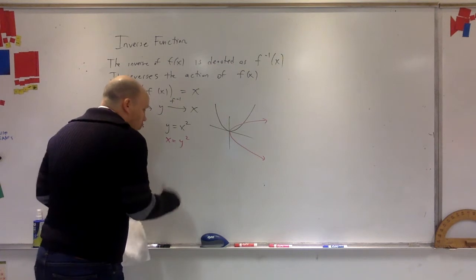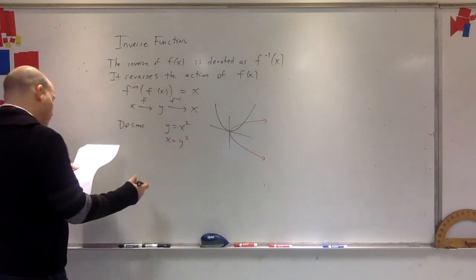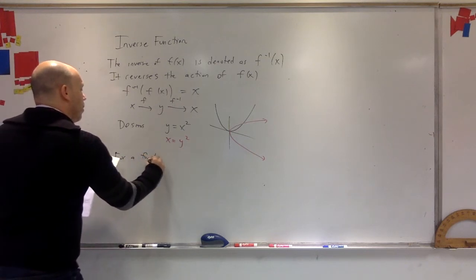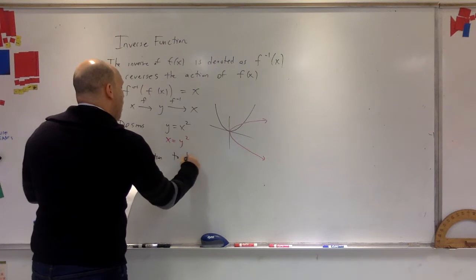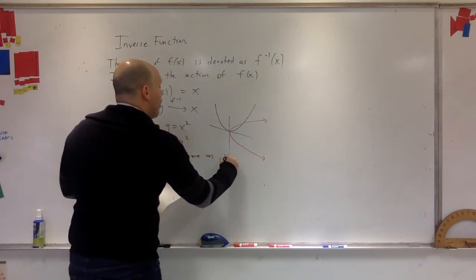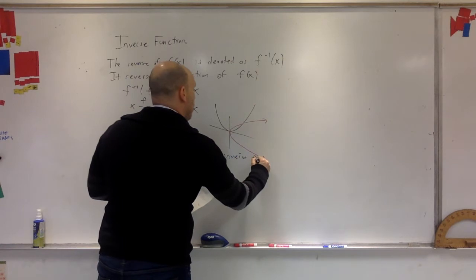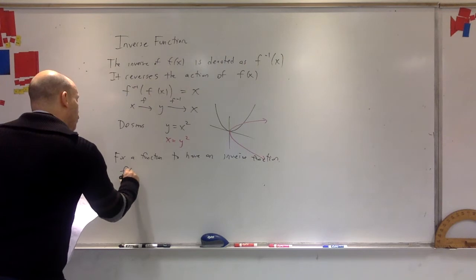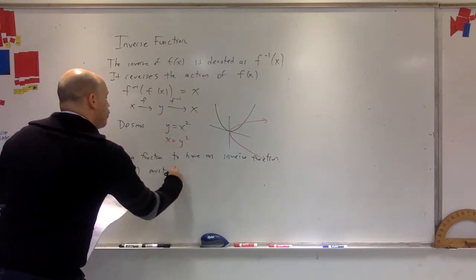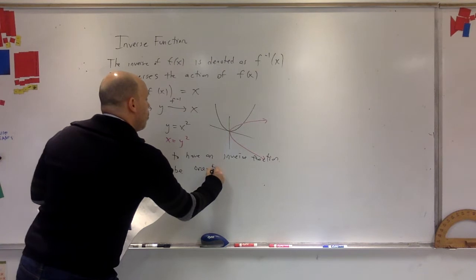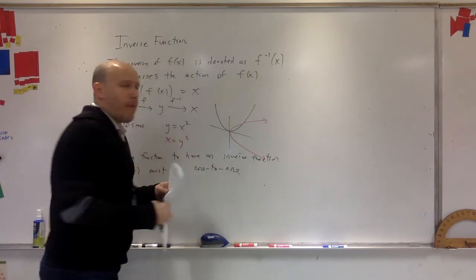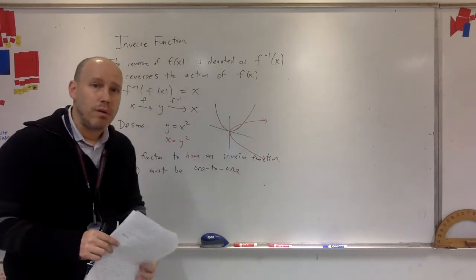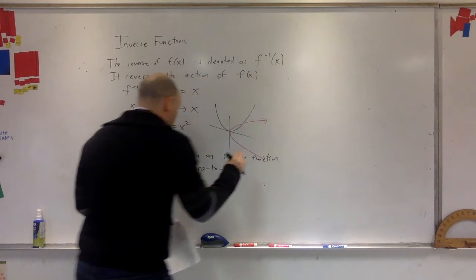So the idea is for a function to have an inverse function, f of x must be 1 to 1. Now, I'm not going to get into it. The idea is that every x value only goes to one y value. I'm just going to reintroduce something.